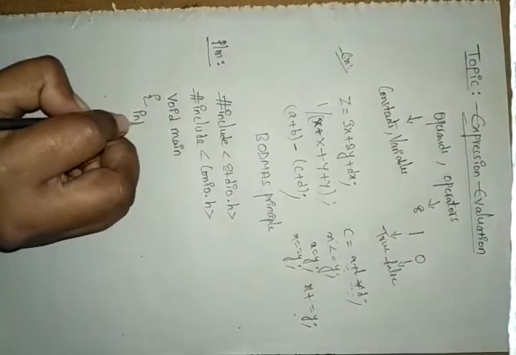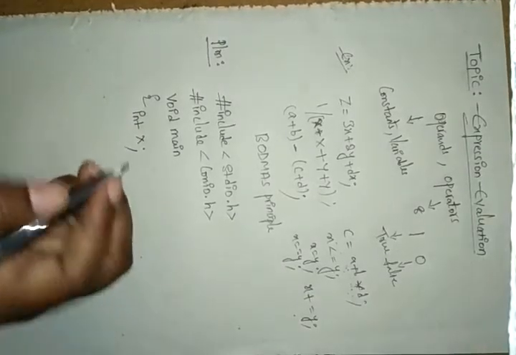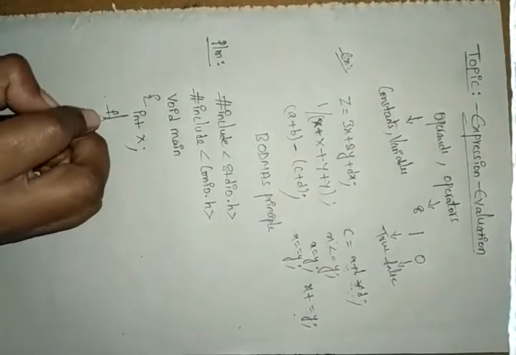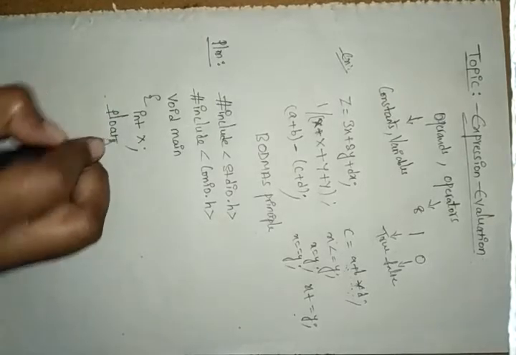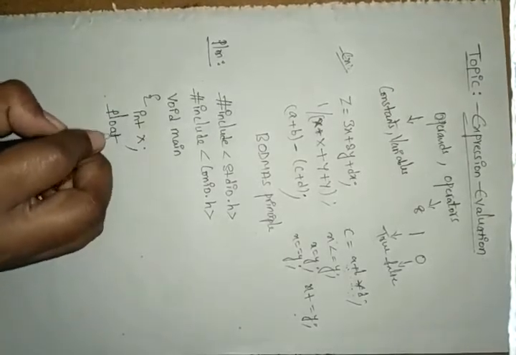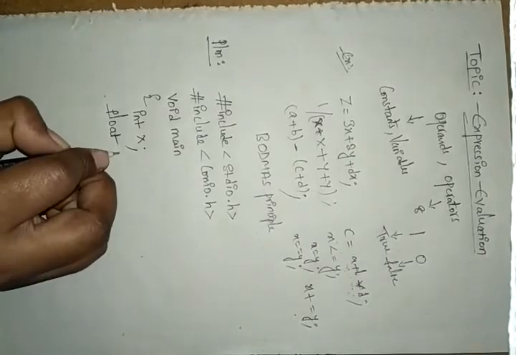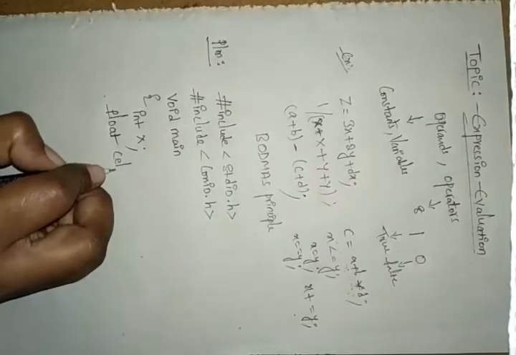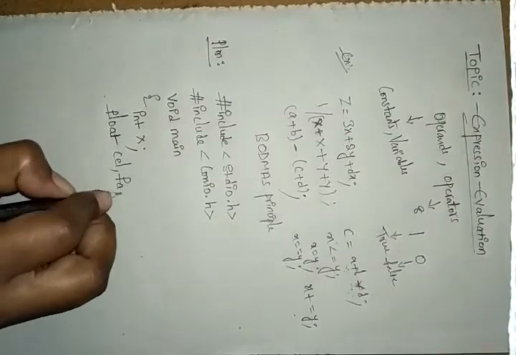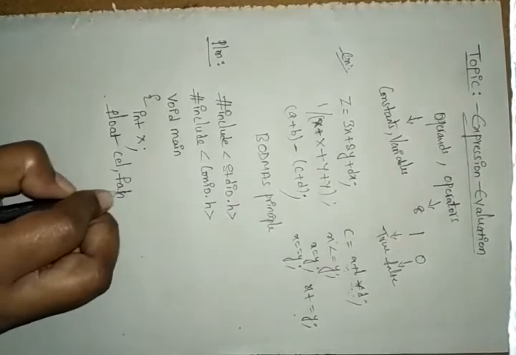Next, int x, here I am taking the data type int, x is the variable. Again I am taking the float data type, with the variables cel and fah.